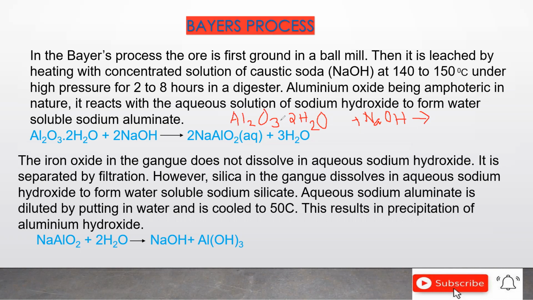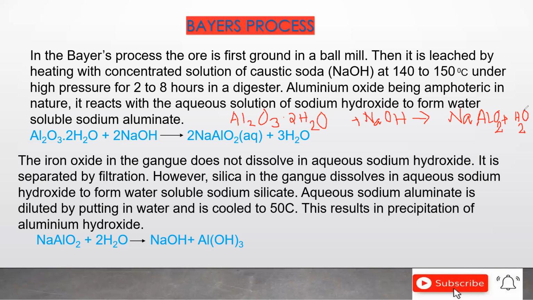Aluminium oxide being amphoteric, the aluminium oxide present in the ore will react with the sodium hydroxide and sodium aluminate is formed. Sodium aluminate formula is NaAlO2. NaAlO2 is formed plus water, H2O.